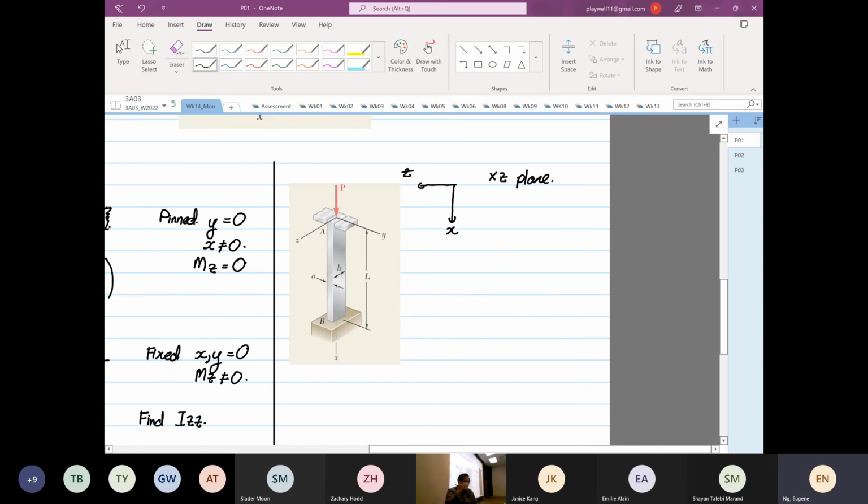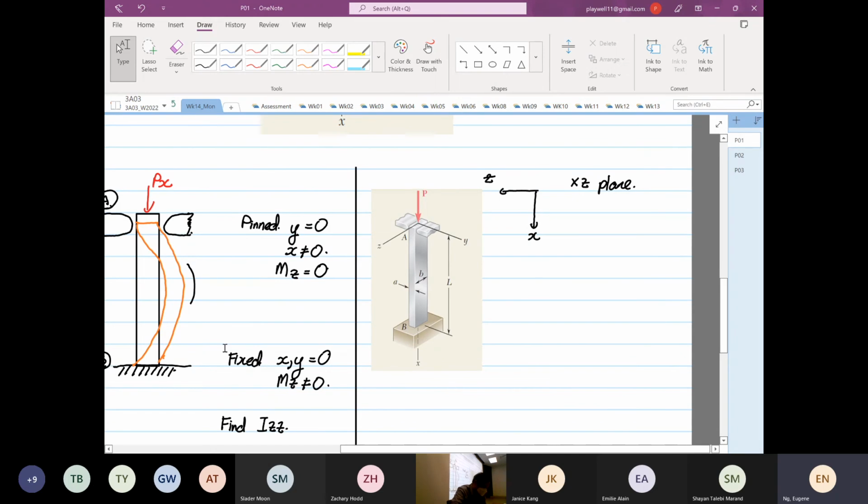Now, when we view on the XZ plane, this is still our structure. The structure will be wider now. I think I made it too wide. Now I'm going to sketch the restraining structure in a different color.